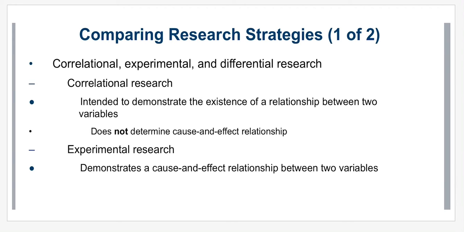And by comparing those groups, the scores for those groups, and by, of course, manipulating it, and interfering there, we're trying to see if the change that we made in the independent variable from one group to the other makes a difference on the dependent variable. Again, that's to determine that cause and effect relationship.